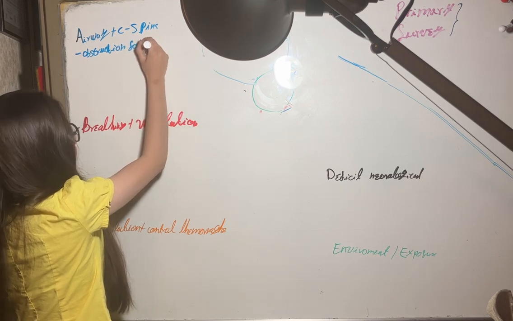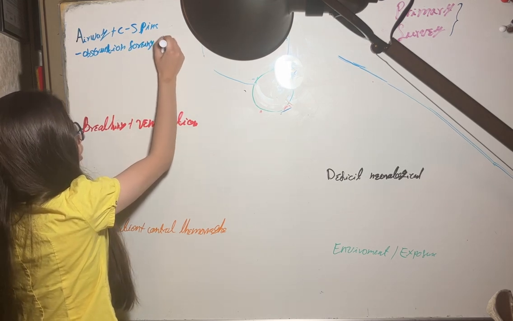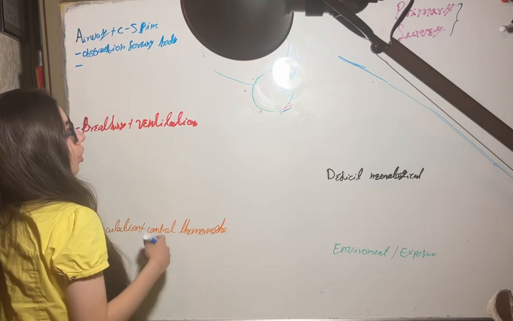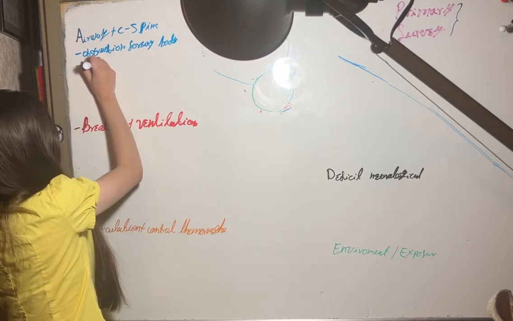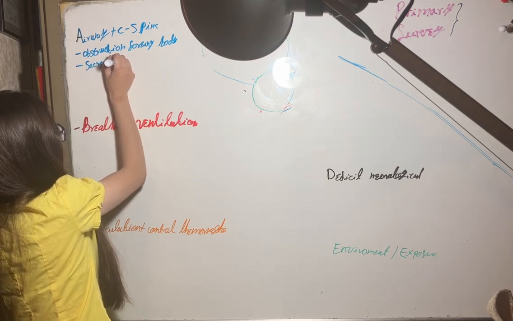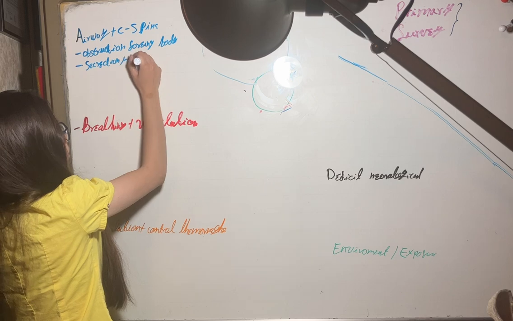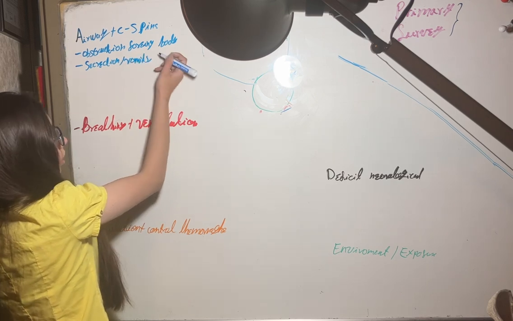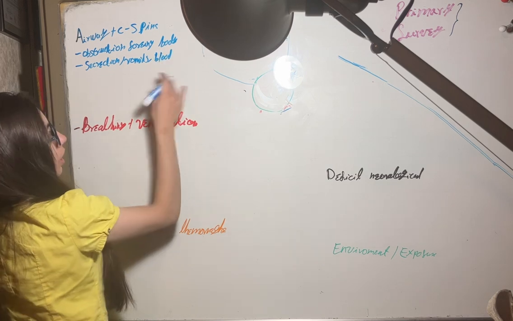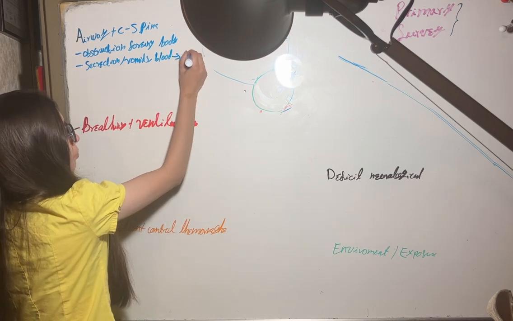If we find a foreign body, we need to remove it. We also look for secretions. If we find secretions, or if the patient vomits, or if we find blood in the oral cavity, we need to aspirate it.